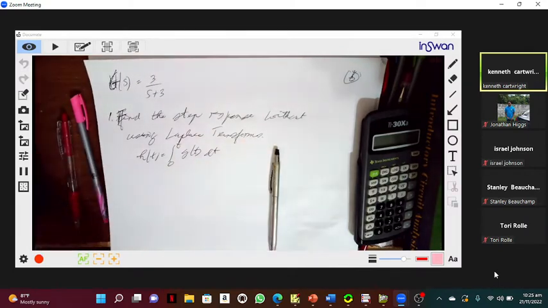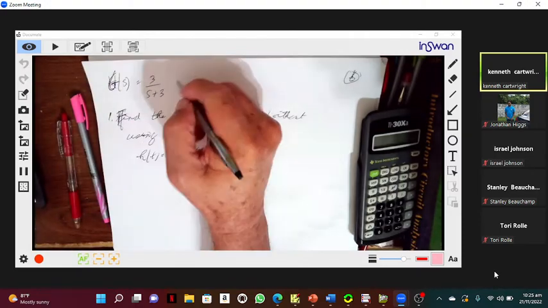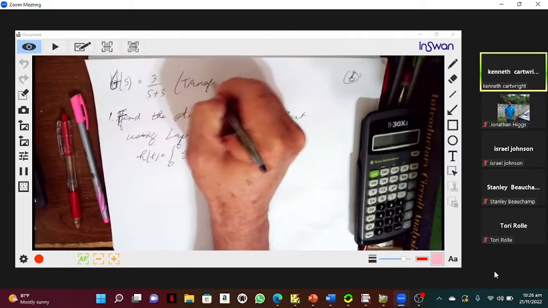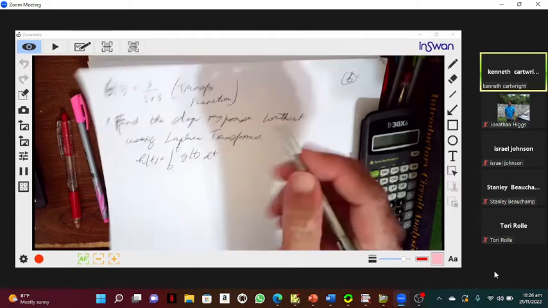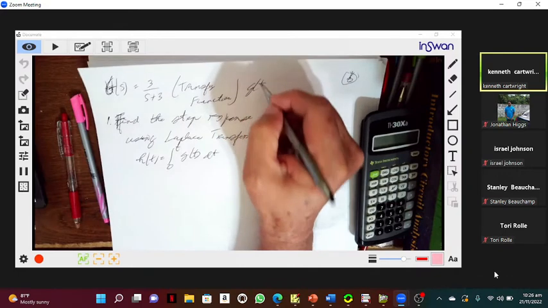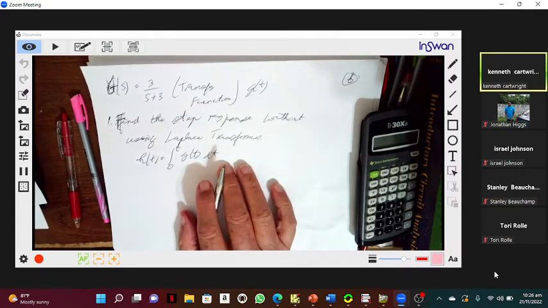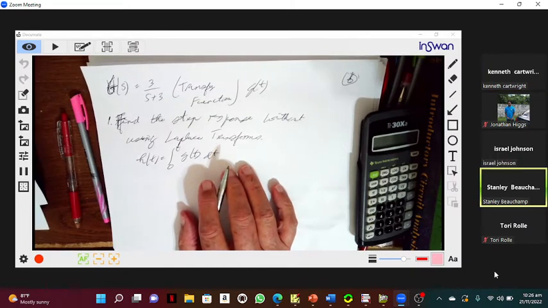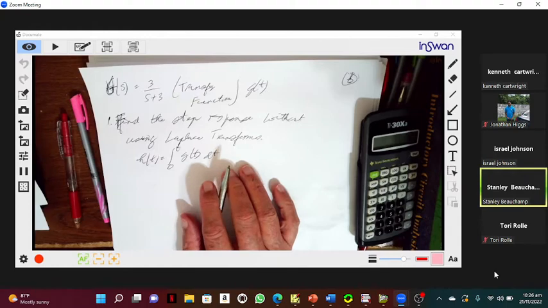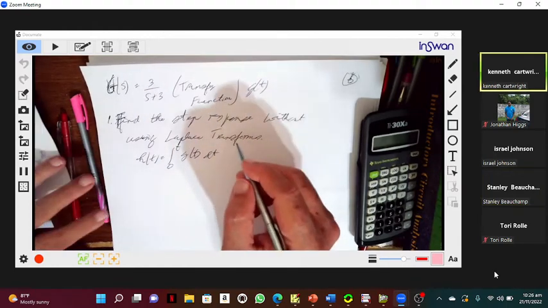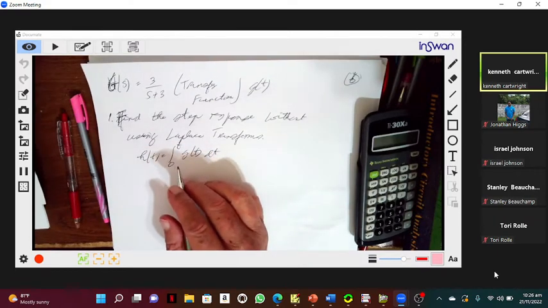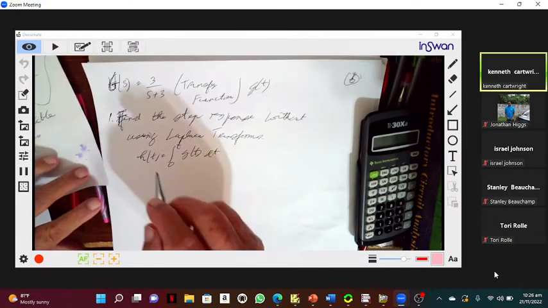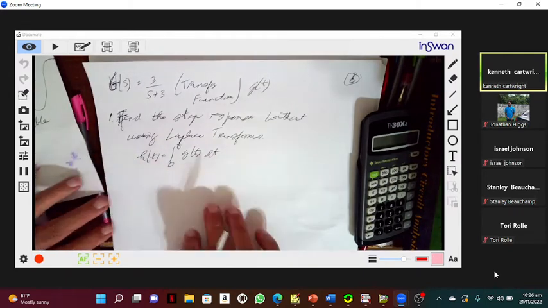So if G of s is a transfer function, what's g of t? I know by definition, g of t is the inverse Laplace of G of s. That is true. Yeah. What else is g of t called? What is g of t called?